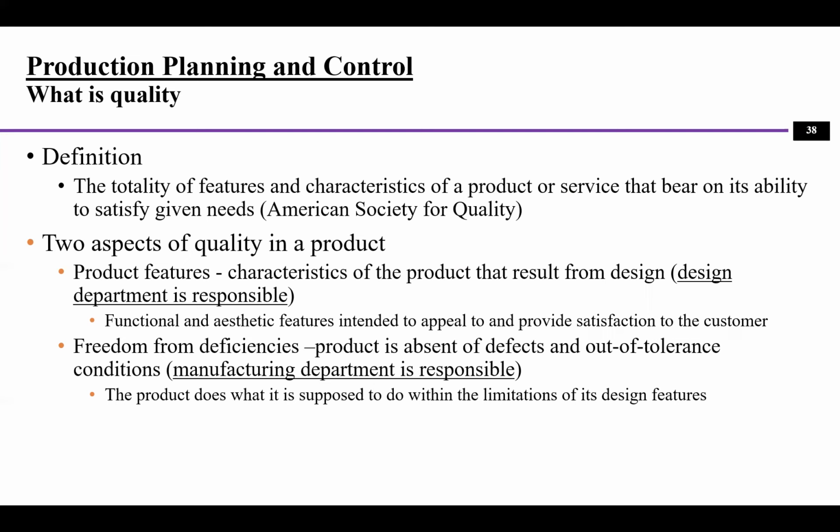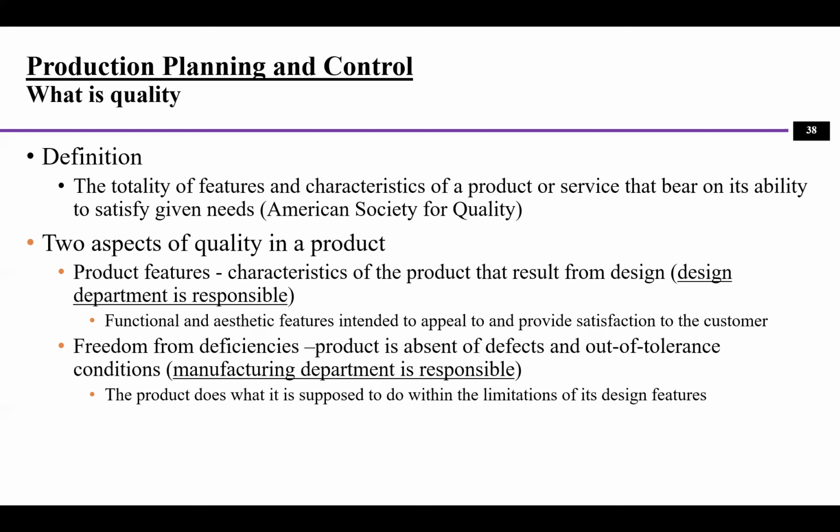So when we're talking about a product, there are 2 aspects of quality. The first is product features. Product features come from the design department, right? So if there are design defects, that's typically a product feature problem. Another type of quality is freedom from deficiencies.